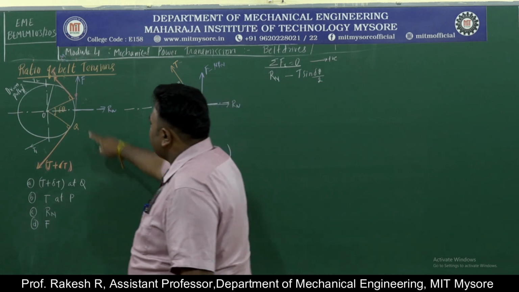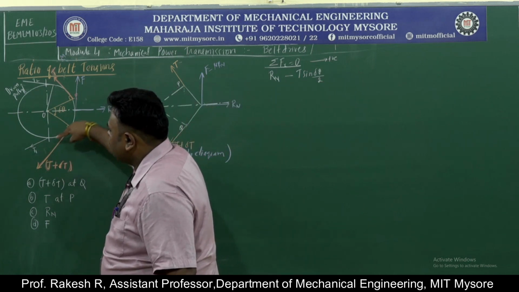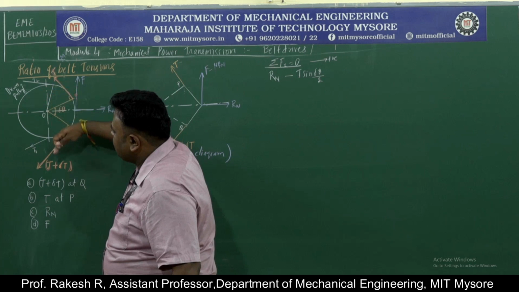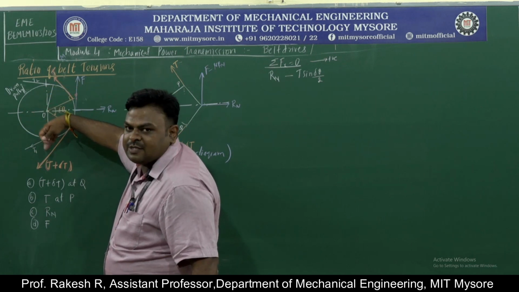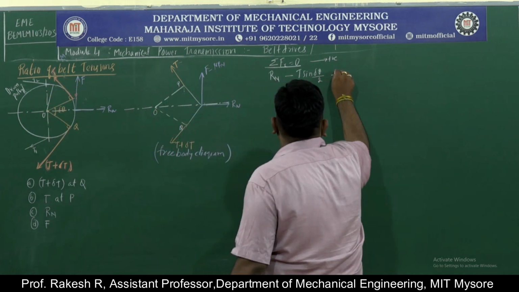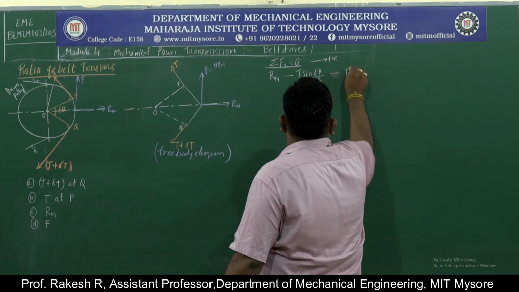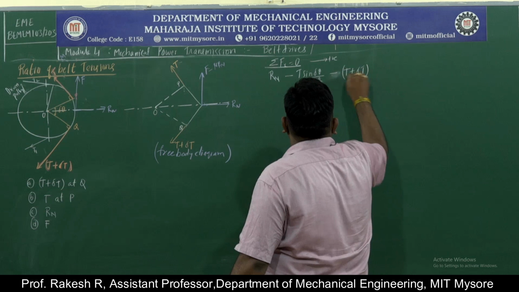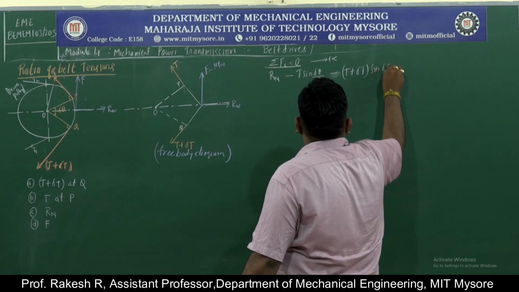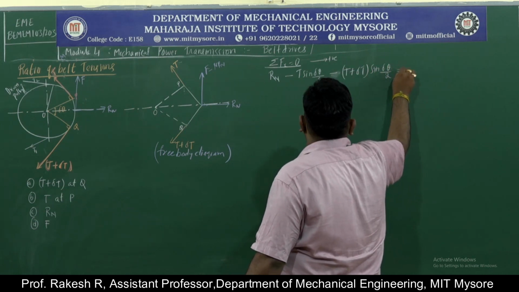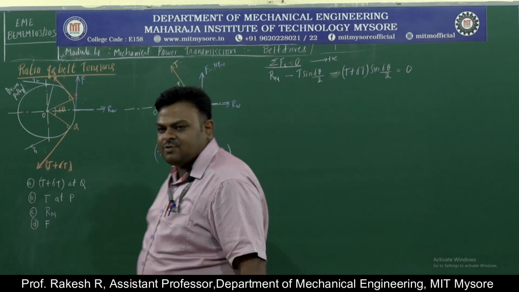Then again, one more force is acting, T plus delta T. This will be acting here, and again this is also sine, minus, it is acting away from that: minus (T plus delta T) sine delta theta by 2 equal to 0. Only three forces will be acting here.